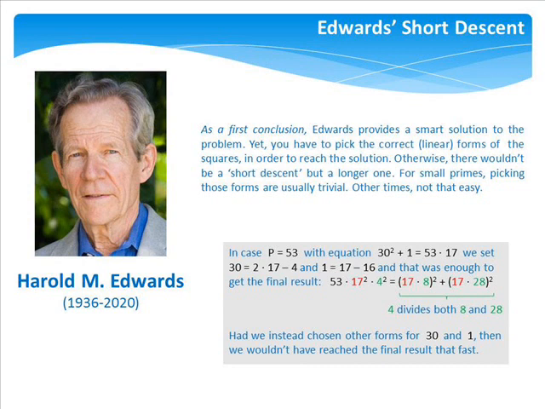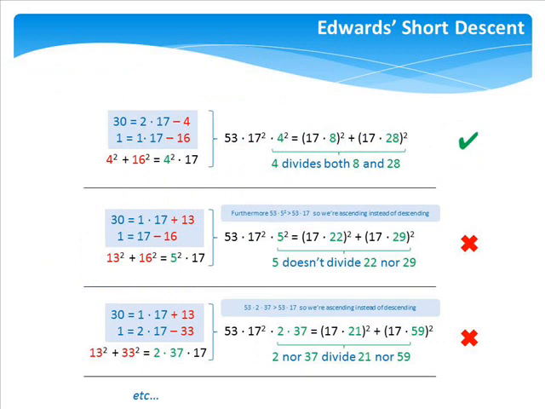Let's have a look at the case of prime 53, where we chose 4 and 16 as the residues modulo 17 for 30 and 1. That worked quite well, but had we instead chosen other forms for 30 and 1, then we wouldn't have reached the final result that fast. Here, we can observe the outcomes when alternative forms are chosen for 30 and 1.